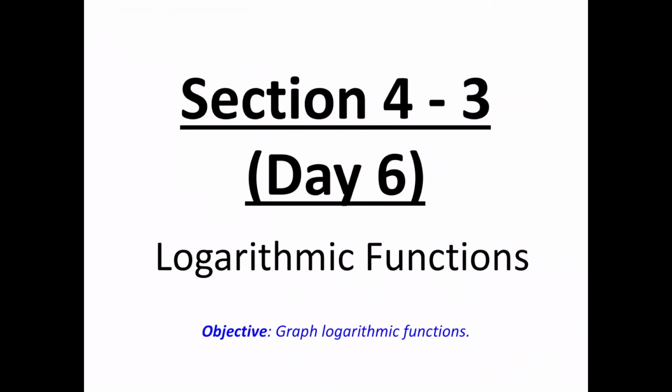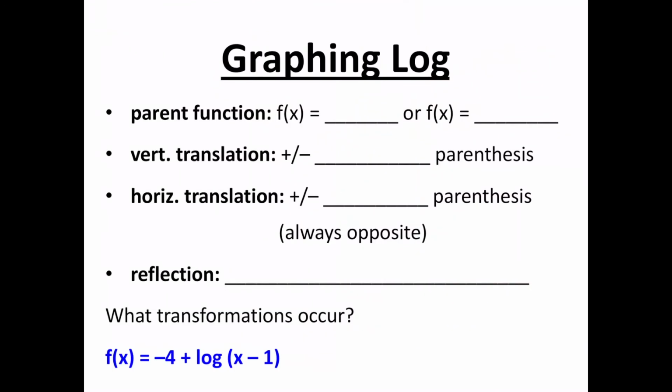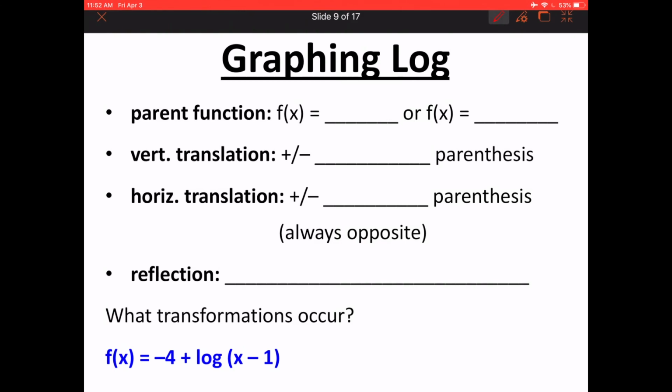Again, we're going to go through just a lot of examples here quickly. All right, guys? With a little bit of graphing log, make sure you guys have your calculators out. Keep in mind that the parent function is going to be f of x equals log of x. That's just our original parent function.